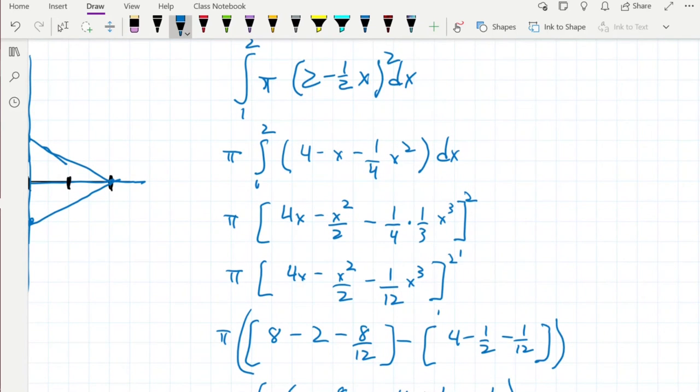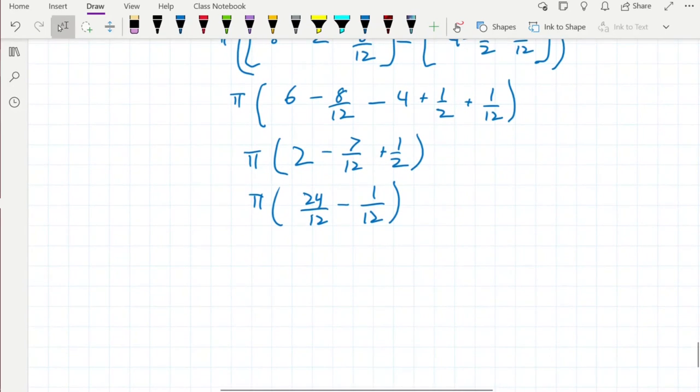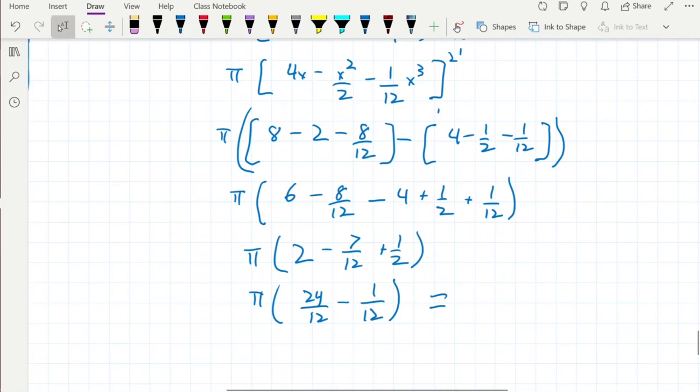So this is 4 minus 1 minus 1 over 4. They got, I think, 2x right here. I don't know how they got that, as it's a minus 1/2. My value's a little high. Yeah, no, a little high. So 2 minus 2 minus 8 over 12 minus 4 minus 1/2 minus 1 over 12.